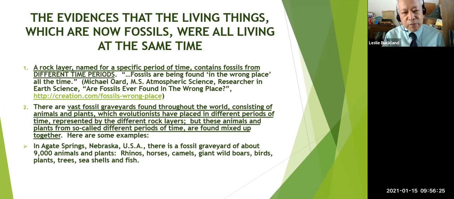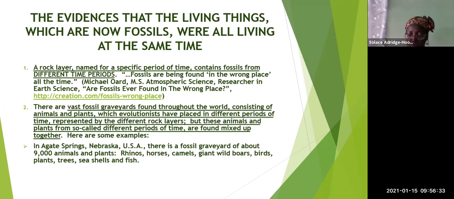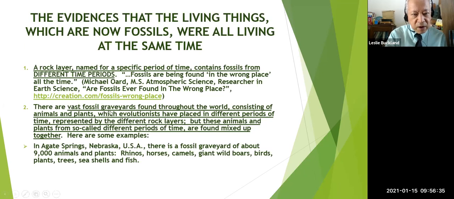Yet all of these different animals and plants are found in the same place. So there are vast fossil graveyards found throughout the world, literally, consisting of animals and plants which evolutionists have placed in different periods of time, represented by the different rock layers. But these animals and plants from so-called different periods of time are found mixed up together.